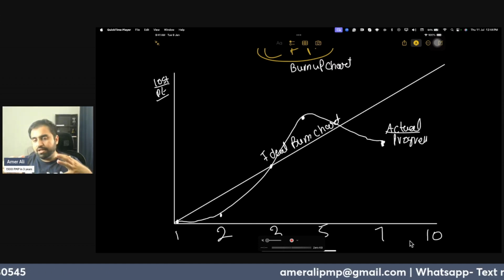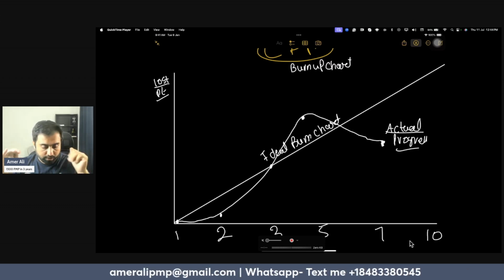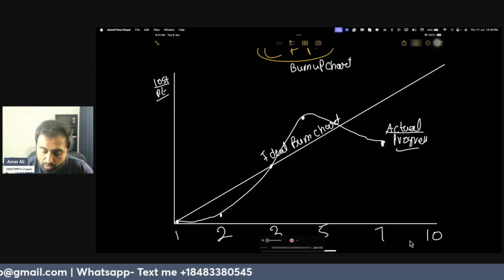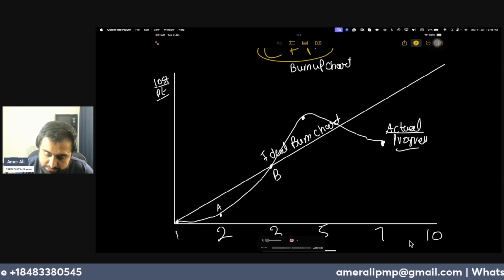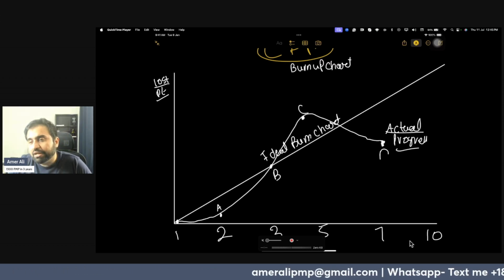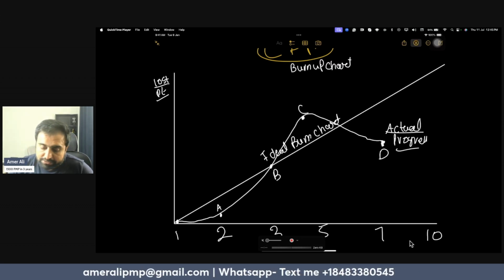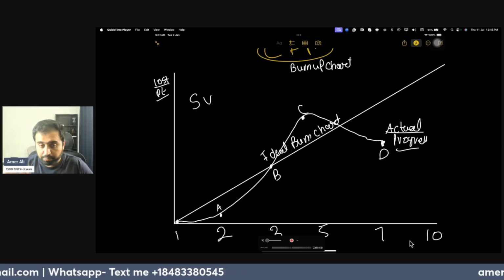Now, there are 2 things the exam can ask from a burnup chart. First, let's say the exam shows point A, point B, point C, point D. The exam can ask you at point C, what is your schedule? Is it positive?